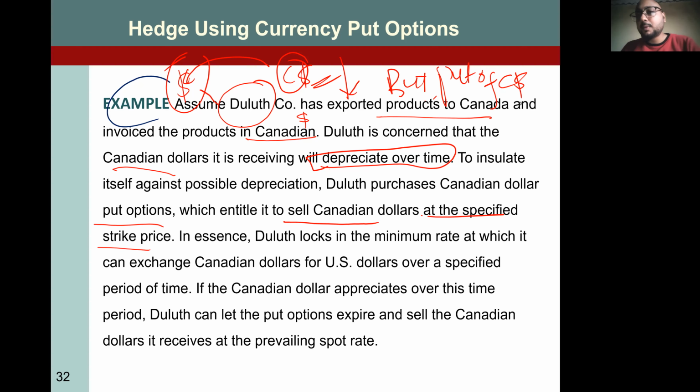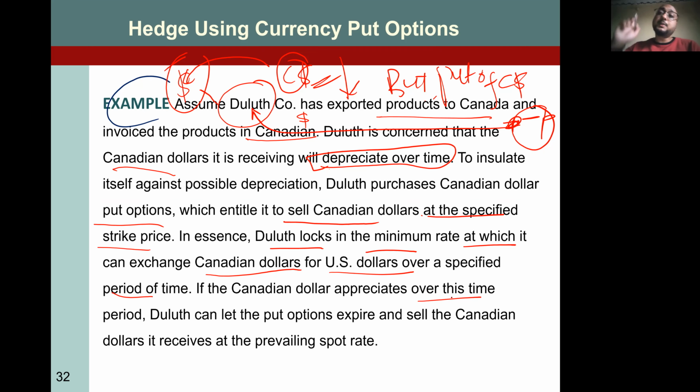All right. But when they buy the put option, they have to pay a premium. Duluth has to pay the premium. Duluth locks in the minimum rate at which it can exchange Canadian dollars for US dollars over a specified time. What happens if the Canadian dollar appreciates after this time?